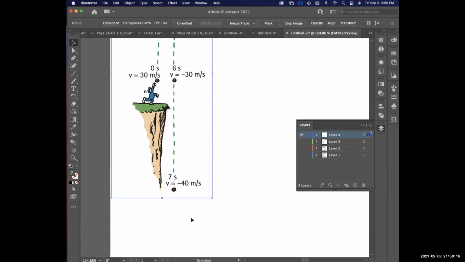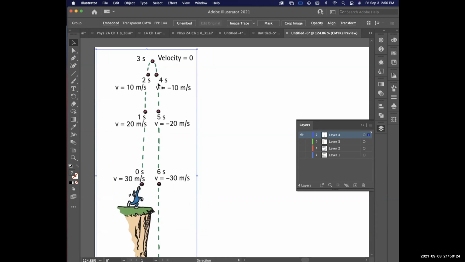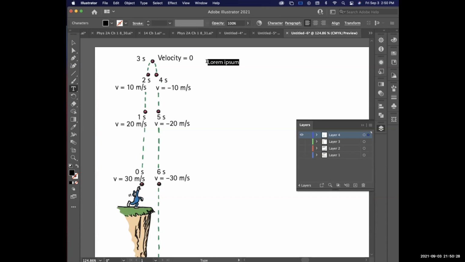Okay, so it doesn't matter if we start at 0 or we start at a velocity. Here it was downward, and so here direction matters.